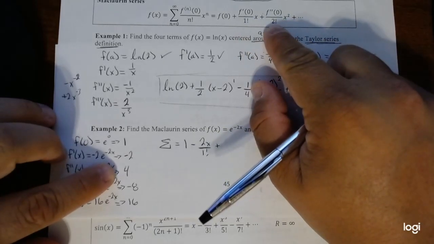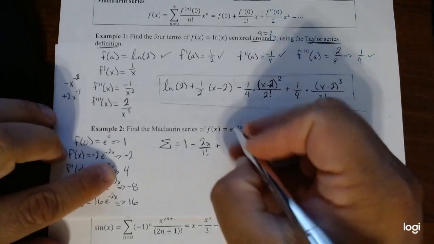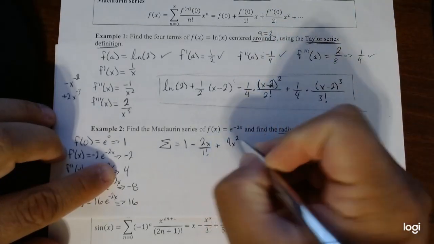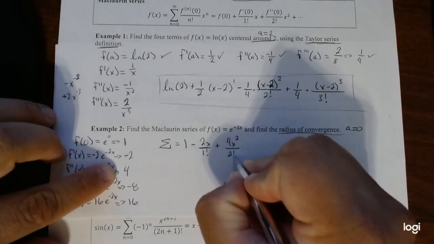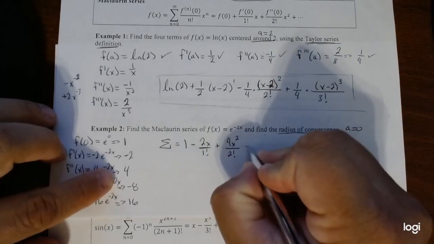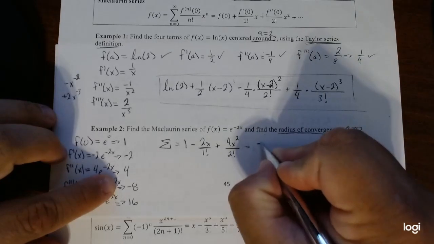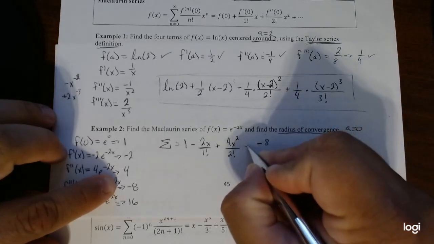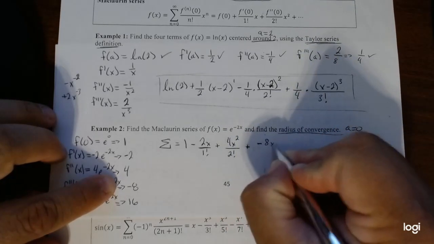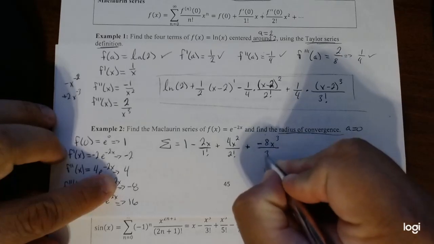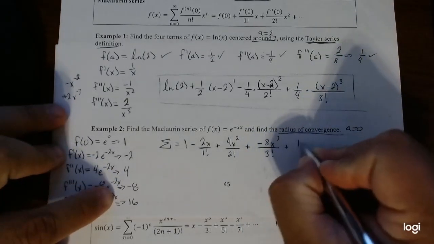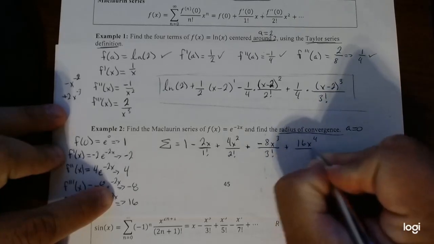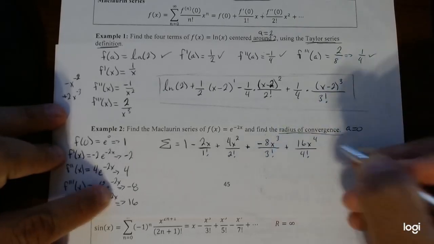In this case, it's going to be 4x squared divided by 2 factorial, minus negative 8 x to the third divided by 3 factorial. And lastly, plus 16 x to the fourth over 4 factorial.